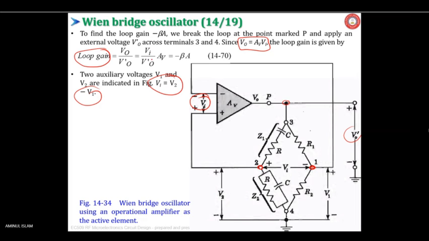Which can be written as VI AV, because VO is VI AV, and VO divided by VO prime equals minus beta A. Is it understood?